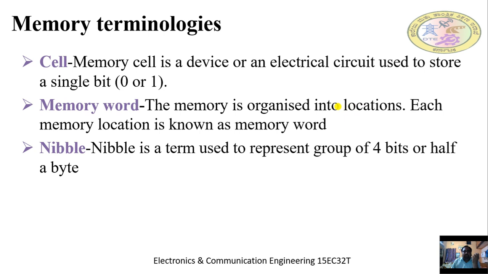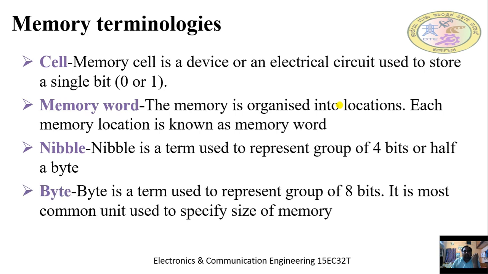So next one is about the units. How do you tell the capacity of the memory? There are two units basically, the byte as well as the nibble. First we shall see the definition of byte. Byte is a term which is used to represent a group of 8 bits.